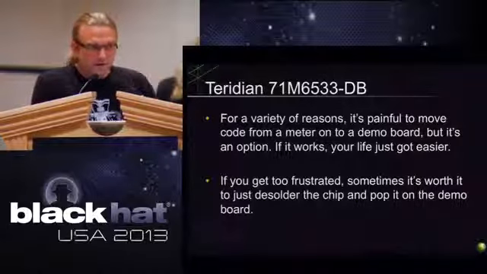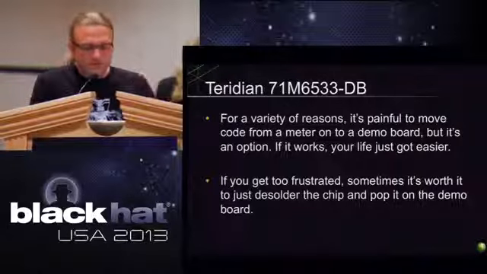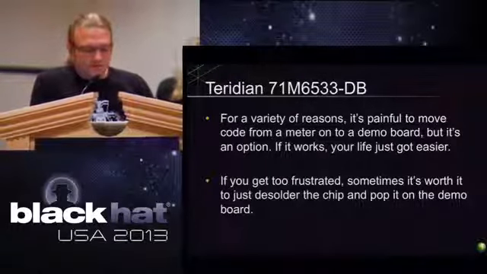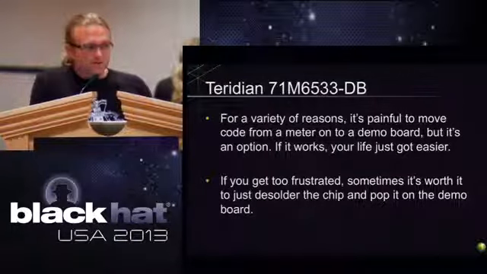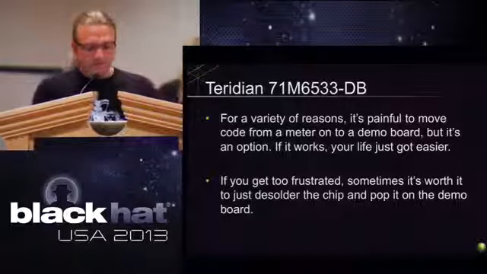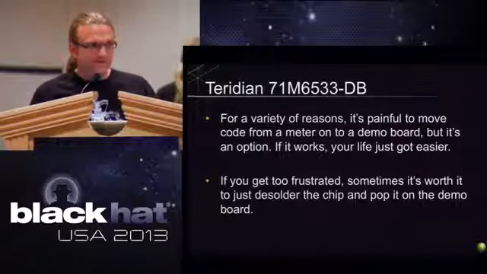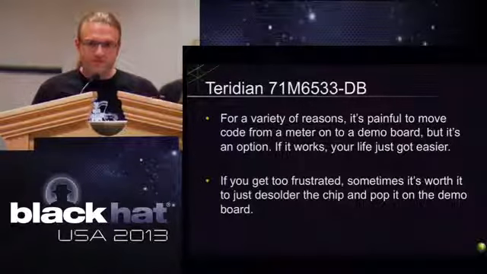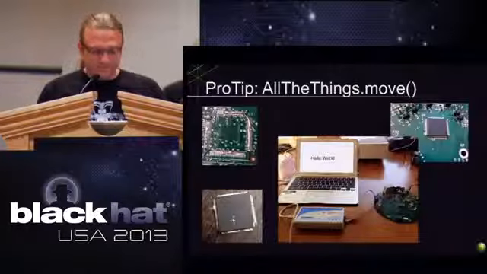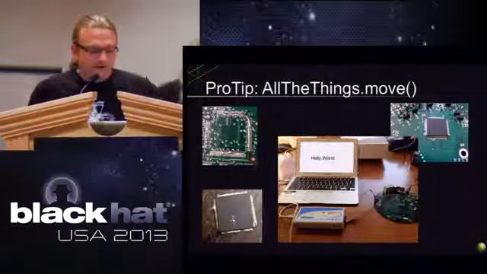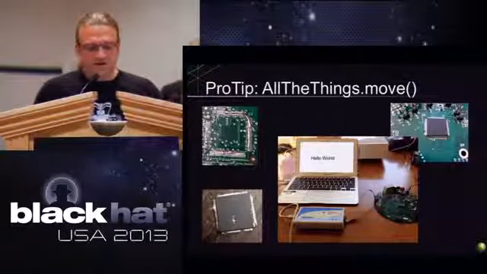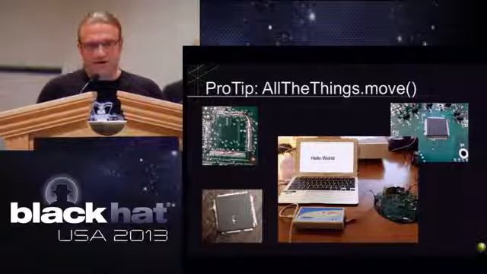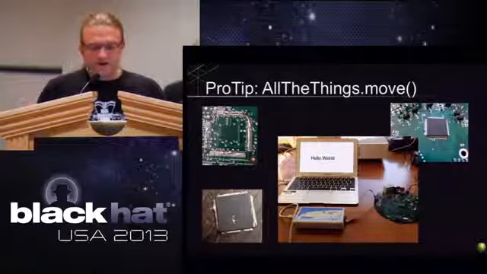Yeah, so one of the things we always want to do is we want to dump firmware, right? And a lot of times that's very difficult on production gear. It's not impossible, but one of the things that we found that is actually significantly easier than fighting with production gear: I buy the demo board, I take my production gear, I run Chip Quik around the whole production gear SoC, I pull that off, and then I resolder it on the demo board, and now I've got everything broken out.